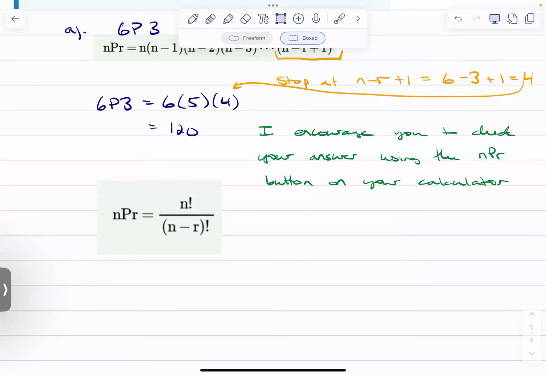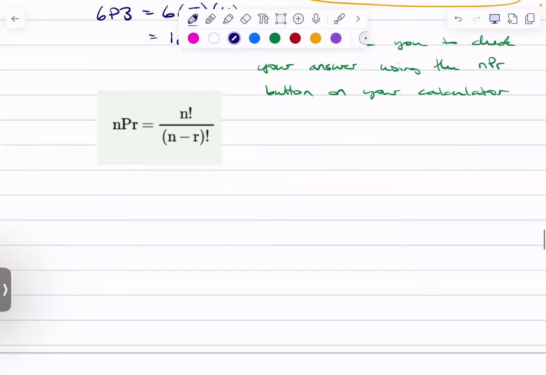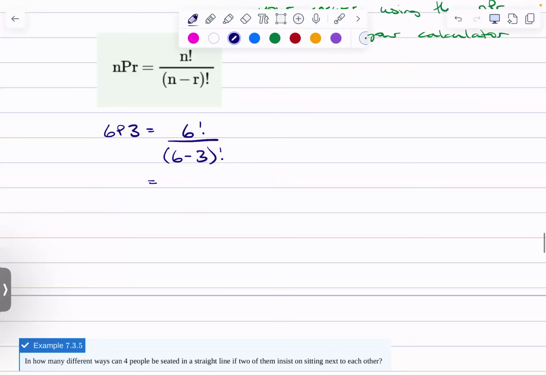What about using the next formula? n factorial over n minus r factorial. So 6P3 is 6 factorial divided by 6 minus 3 factorial. So 6 factorial divided by 3 factorial. What you're going to do is write out 6 factorial until you reach 3 factorial, because then you'll be able to cancel.